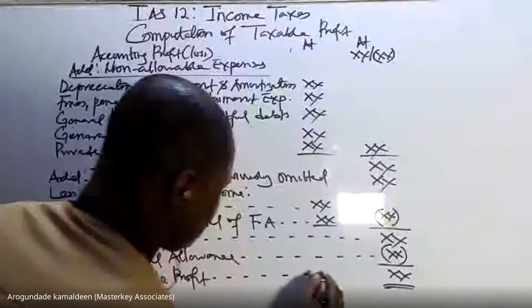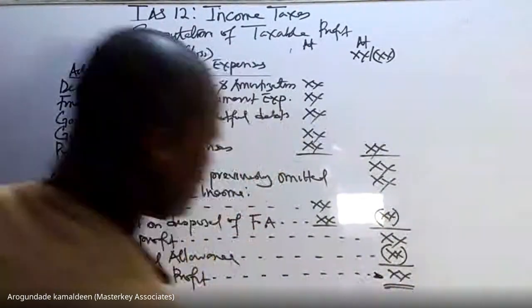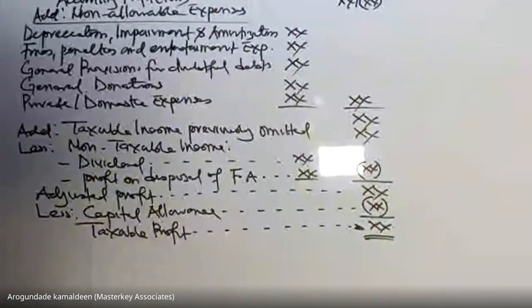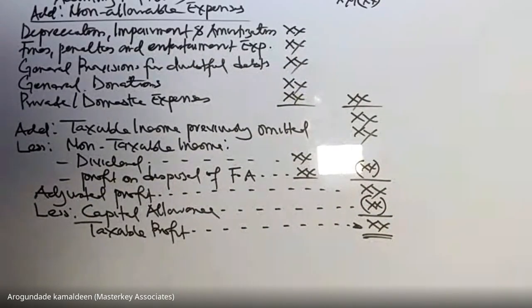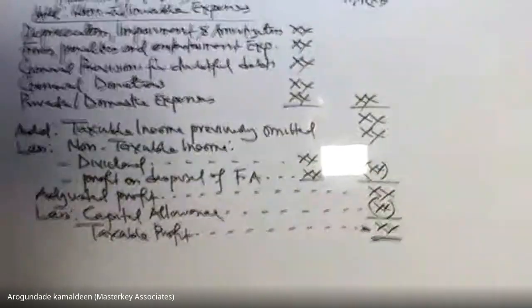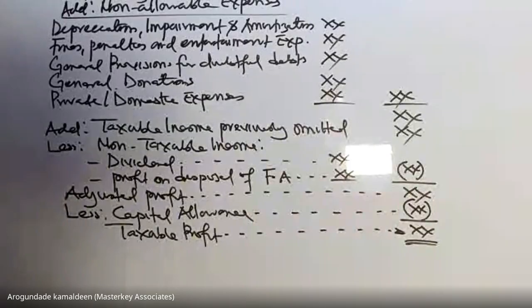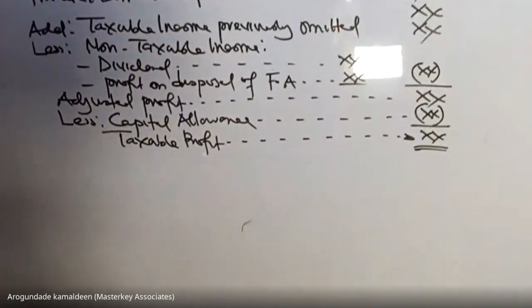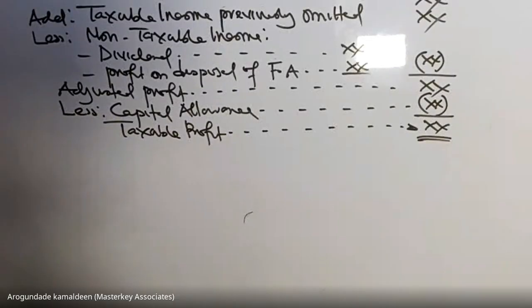Now you know that the current tax is calculated based on the taxable profit. So class, we can now find out the current tax.